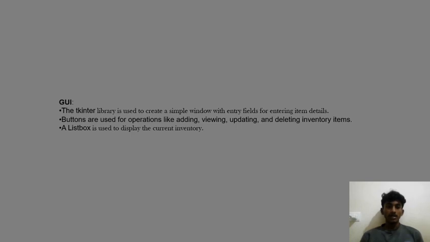Buttons are used for operations like adding, viewing, updating and deleting the inventory items, etc. And the last step is a list box. A list box is used to display the current inventory.